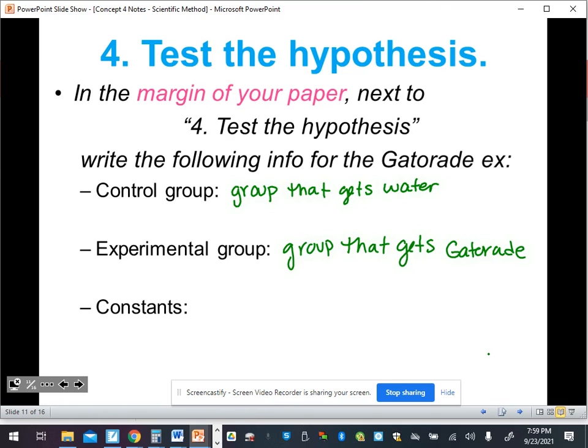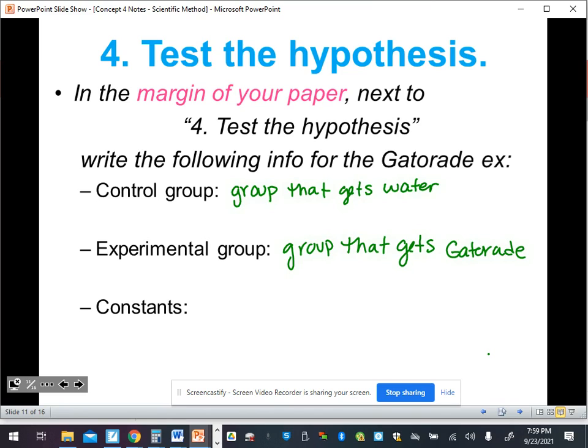Now, constants, these are things that need to be kept the same as much as possible throughout both of these groups. So think of a test, if you're giving one group water and another group Gatorade and you're having them run. We have to think about things that we need to keep the same between the two groups.